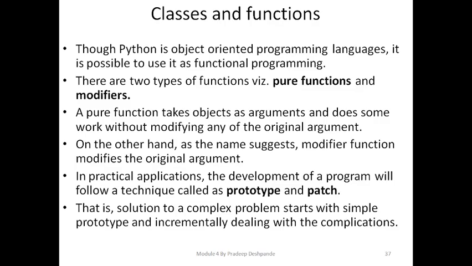We will discuss this later, what the prototype is and what the plan or patch technique is. A solution to a complex problem starts with a simple prototype and incrementally deals with the complications. It means we will start with a small program, and later, as we go on adding different things to it, it will become complicated.